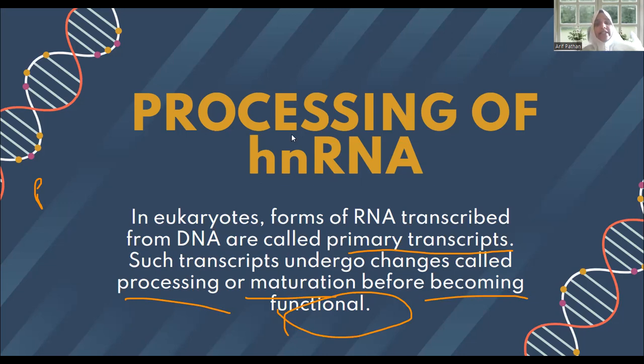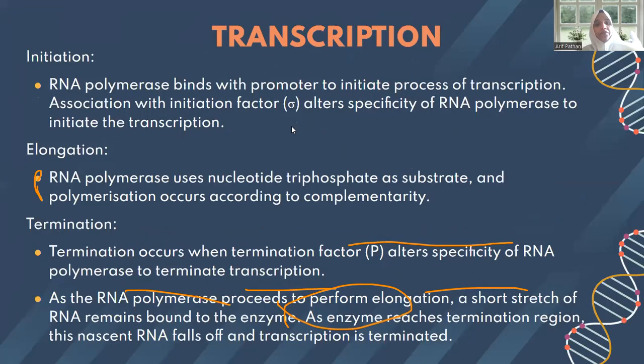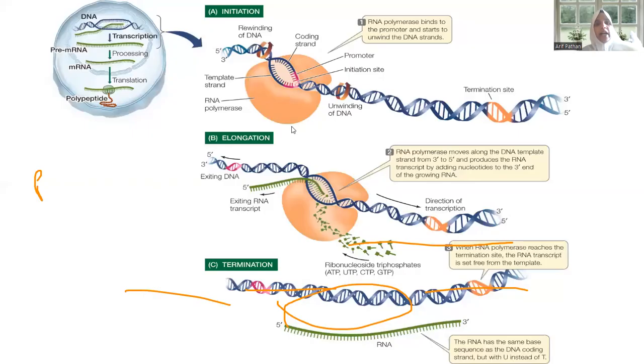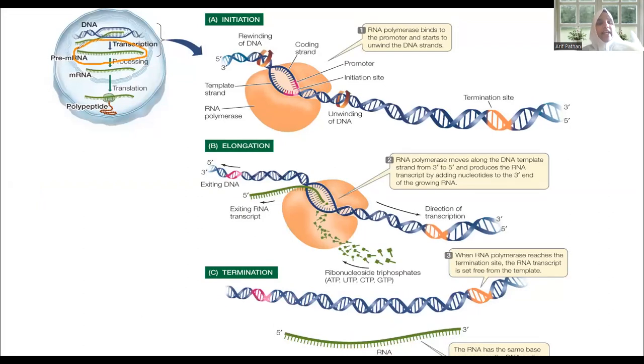As we see in this picture, the pre-mRNA, or the primary transcript, the mRNA which is there but non-functional, will undergo processing in the nucleus only.